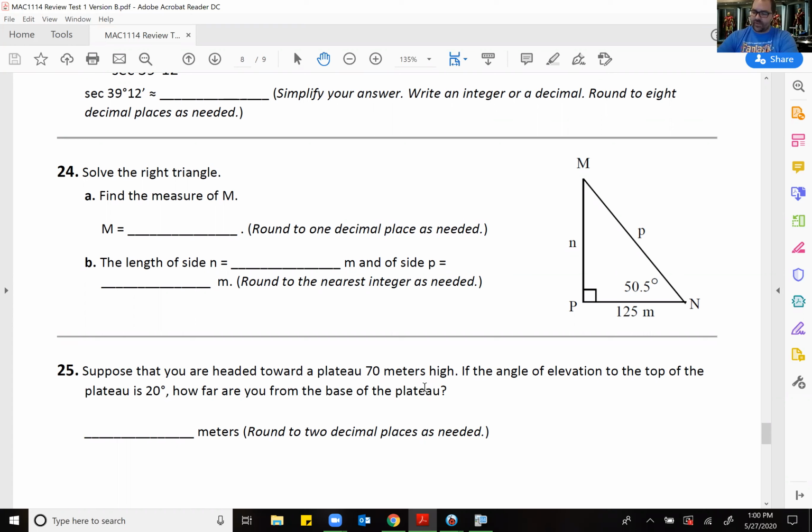Make sure that you pay attention to the rounding, okay? But we want you to solve for all the sides and all the angles. So now that I have everything written down, it says the angle is rounded to 1 decimal place and the side lengths will be rounded to the nearest integer, whole number. Okay, easy peasy.